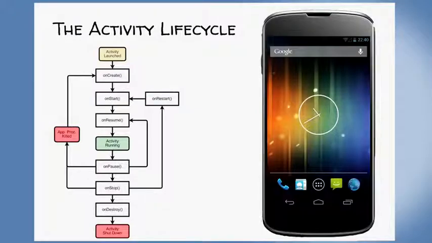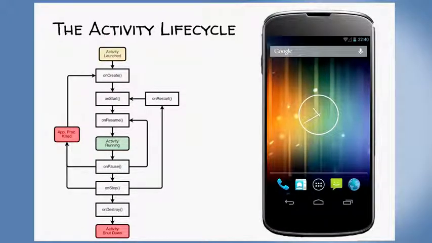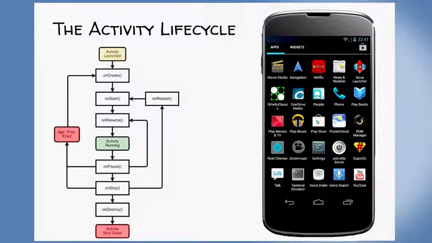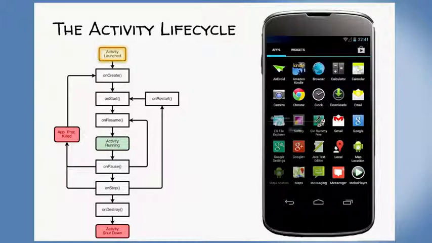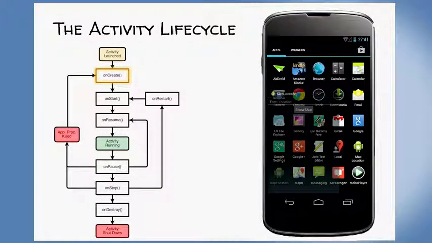Let's walk through an example of this based on the map location application that we saw in earlier lessons. First, the user goes to the home screen and launches the map location application. This causes the map location activity to start up, at which point Android calls map location's onCreate method. onCreate initializes the activity, and then Android continues by calling onStart.